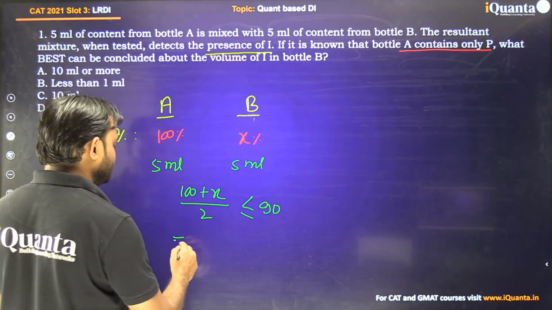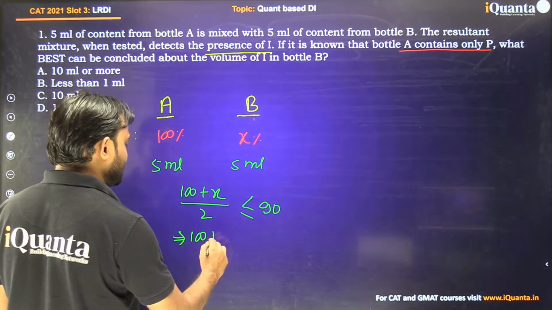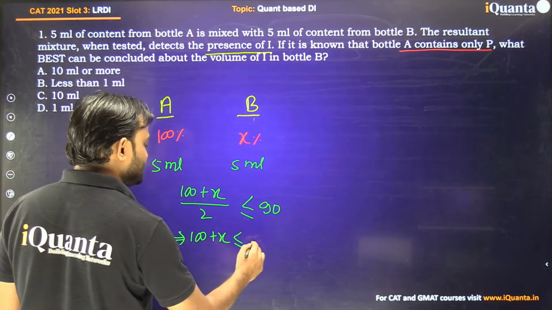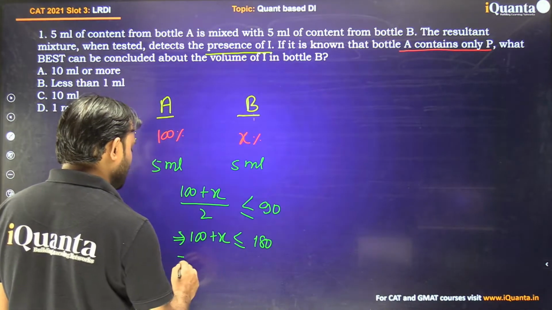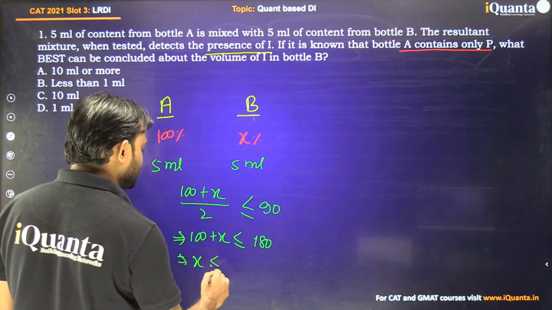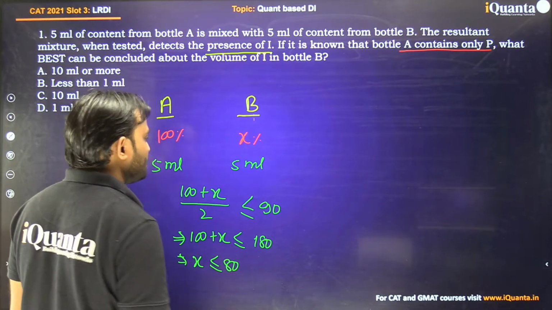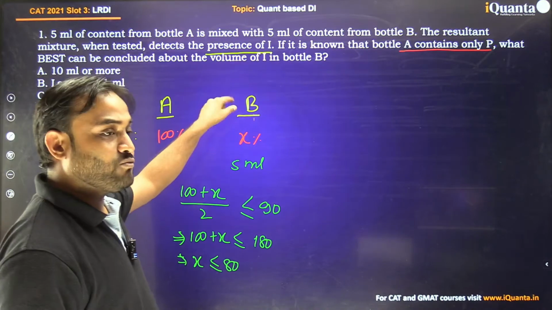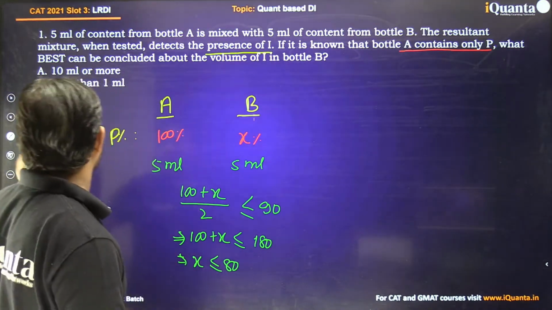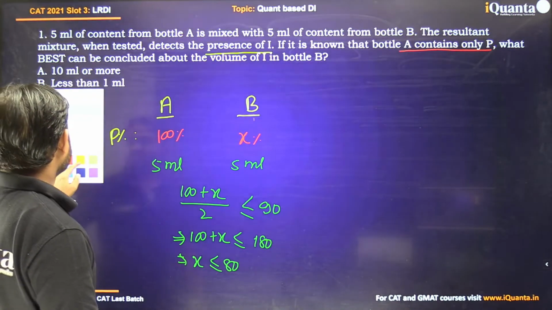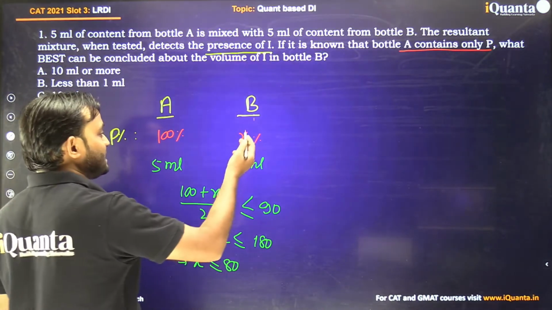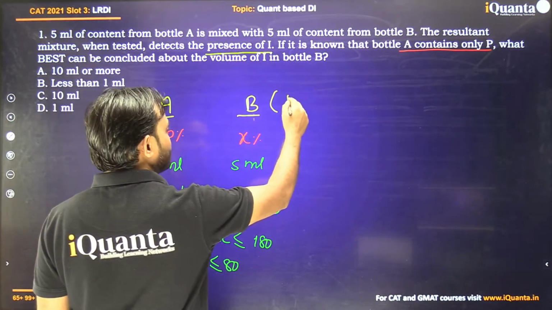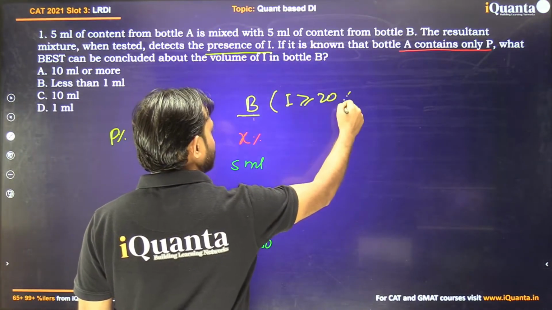So from here we can say 100 plus x should be less than or equal to 180, or x should be less than or equal to 80. So the purity percent of bottle B is less than or equal to 80%. Can we say the impurity percentage in bottle B must be greater than or equal to 20%?